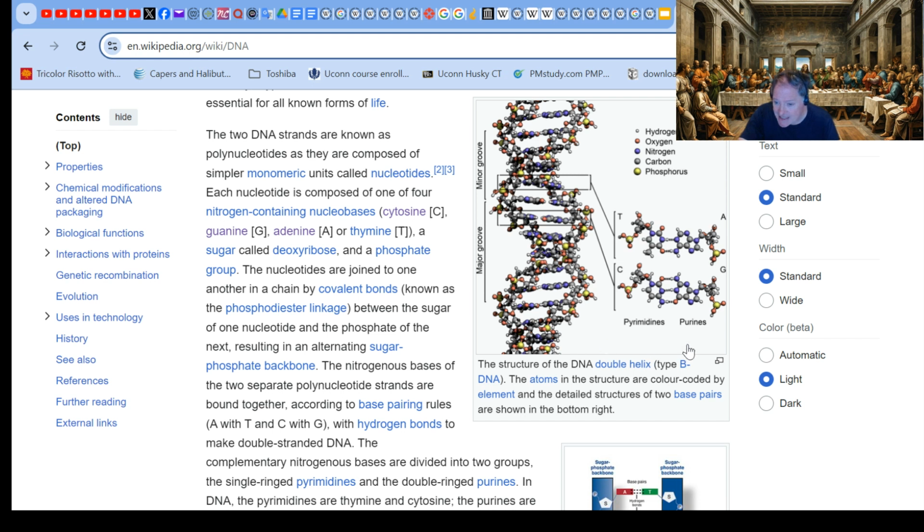So this construct was created. The first DNA was a creation. Every new species is a creation. It might be a self-creation, an evolution of the previous species just on autopilot.